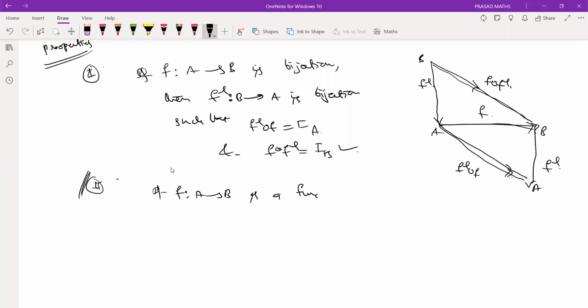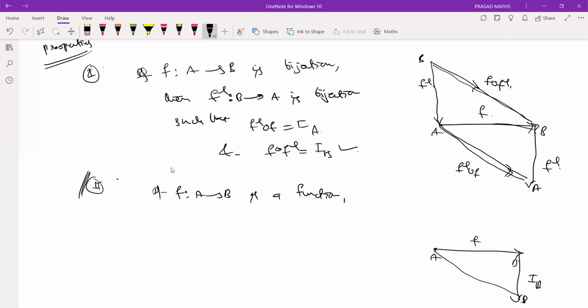This is a function from A to B. Definitely we can find the identity function from B to B, this is IB.